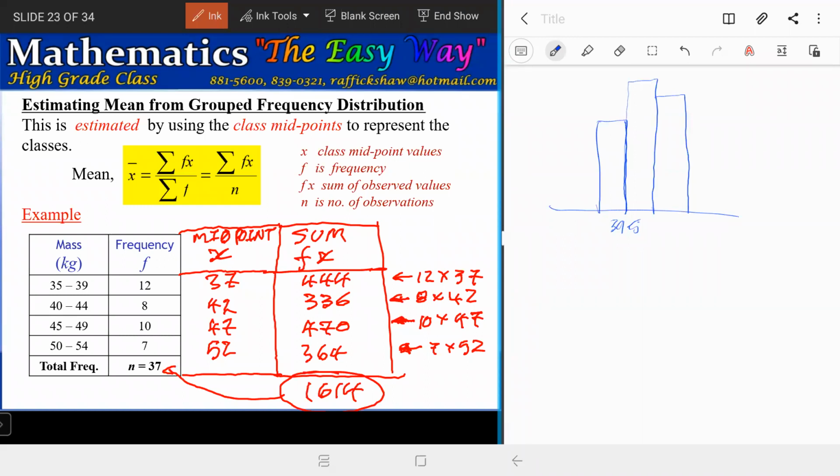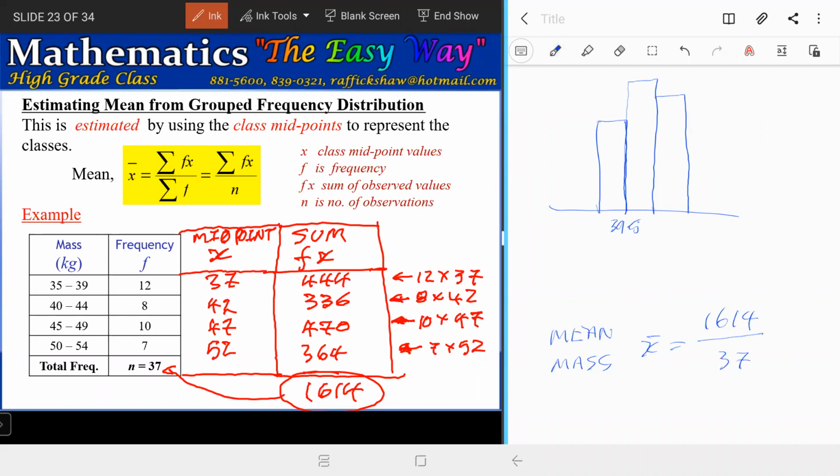We calculated it in a systematic way. So if 37 bars have a total mass of 1614, it means the mean mass of those 37 bars, x bar, is equal to 1614 divided by 37.